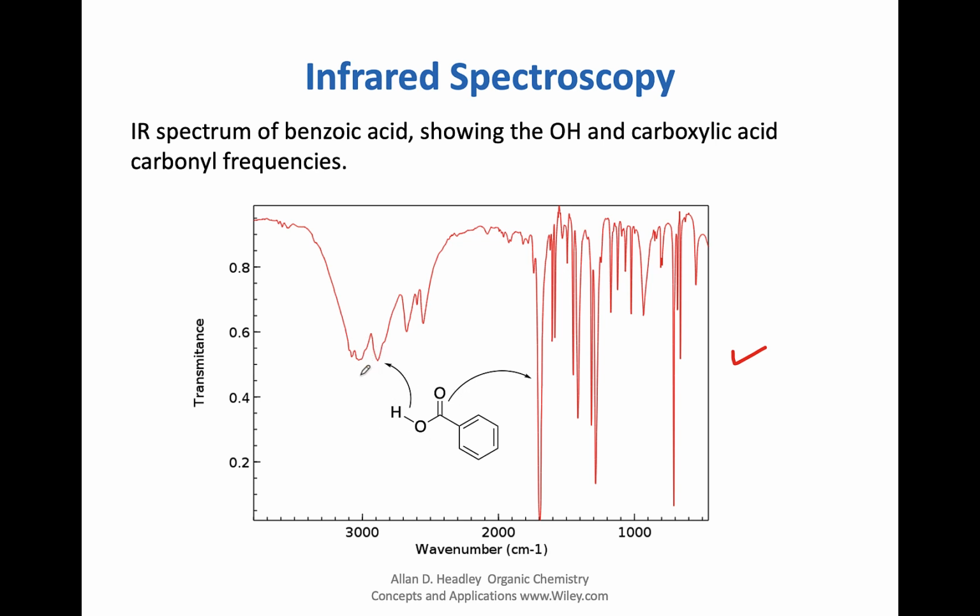But let us take the approach of analyzing the infrared spectrum first. There's a band in this region around 3100, 3200, 3300. Looking at the table of functional groups for the IR, that frequency indicates an OH.